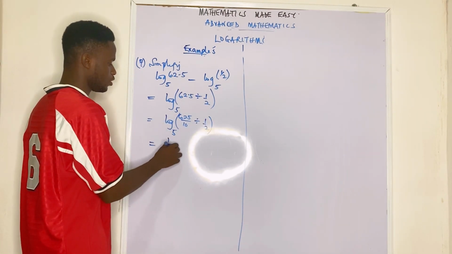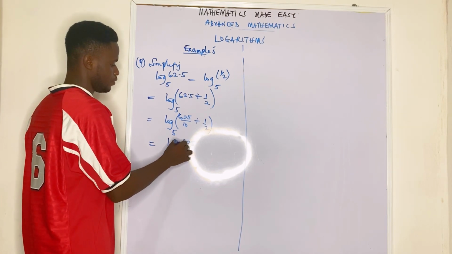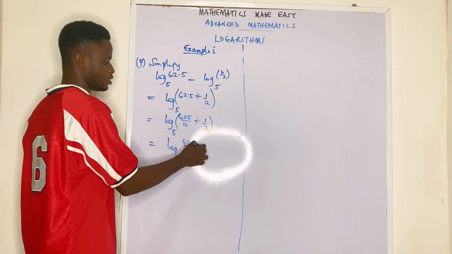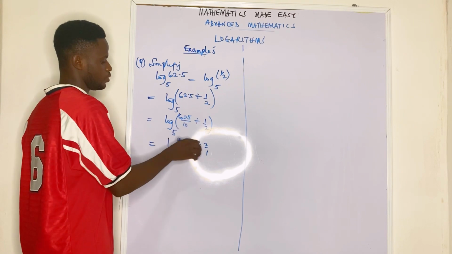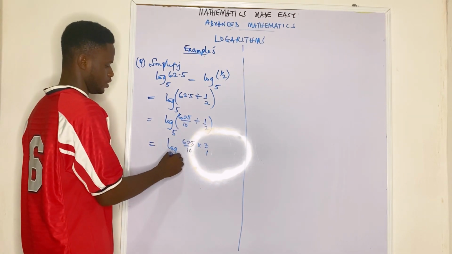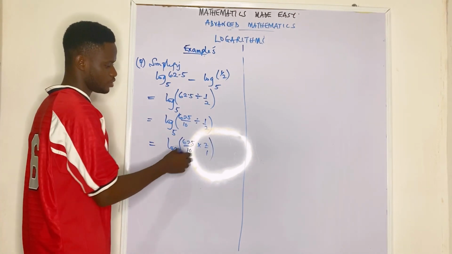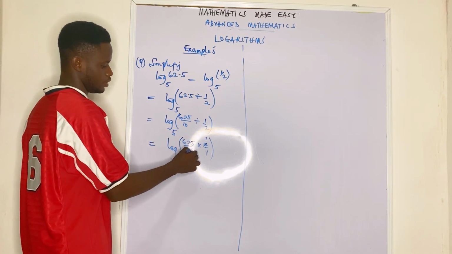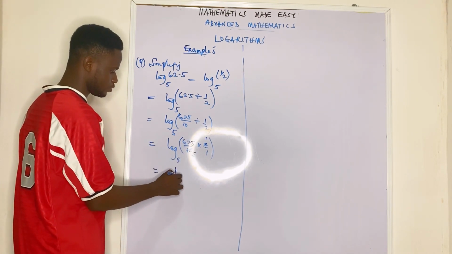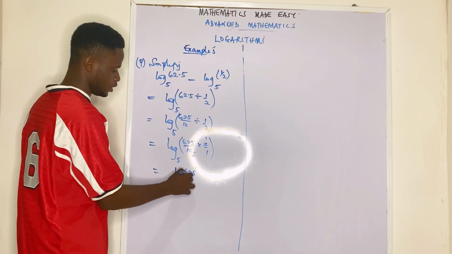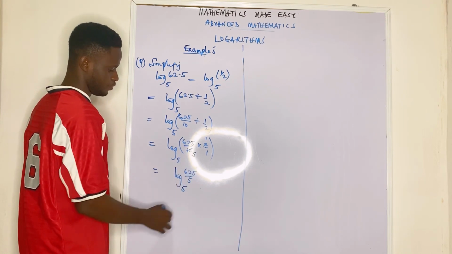So we're having log 625 divided by 10, then times 2 over 1. So when you change to multiplication, this one will be reversed, base 5. And from there you can reduce: 2 into 10 is 5. So we're left with log 625 divided by 5, base 5.